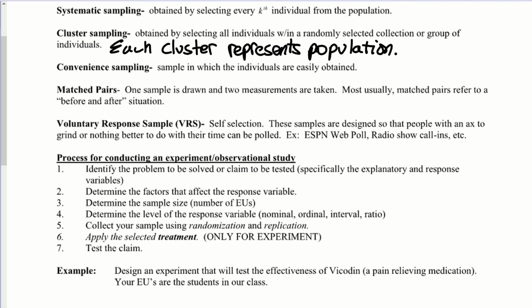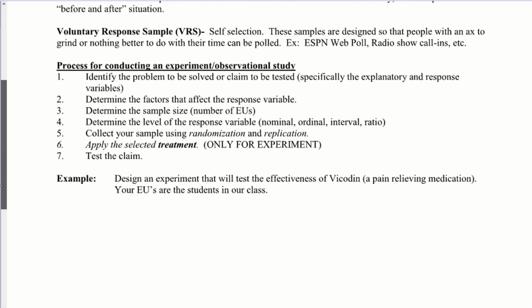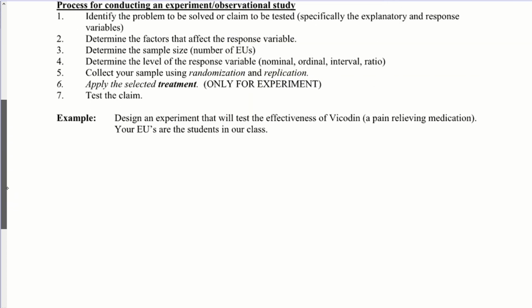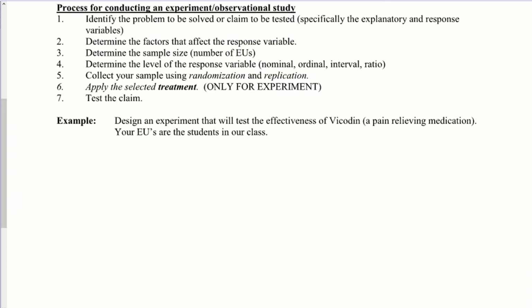So the process for designing an experiment or an observational study is very straightforward, because really all you're doing is identifying the different characteristics that go into the study. So you want to talk about the problem that needs to be solved. So is Vicodin effective?